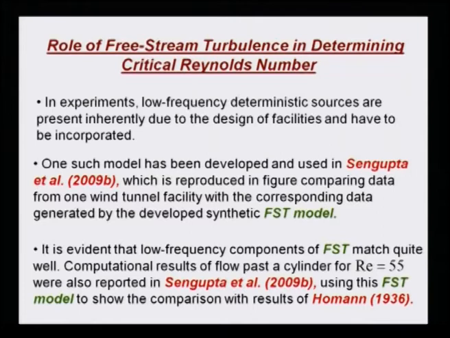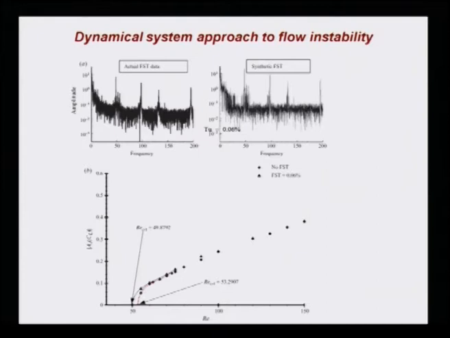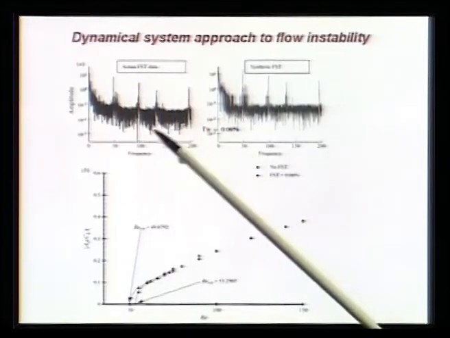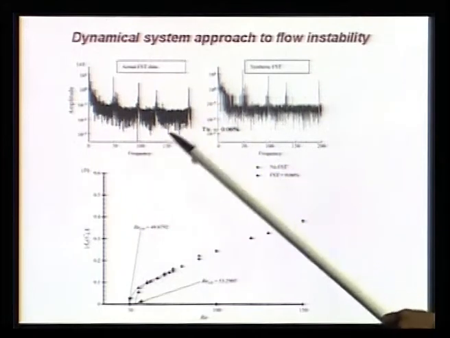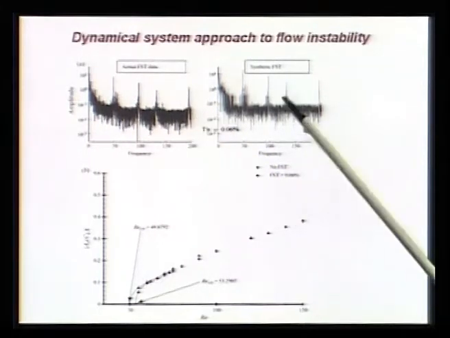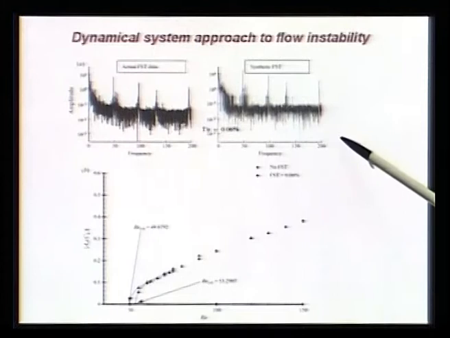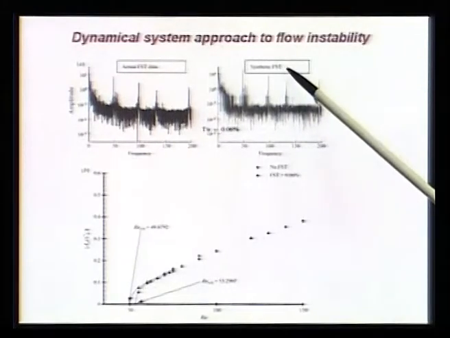And this is the model that we have created, and we have computed this flow field using that. Okay. And this is how it looks. So, if I go to the tunnel, measure the free stream turbulence, this is how it is going to look like. So, this is your experimental FST data, and this is what we synthesize. So, this is your synthetic free stream turbulence.